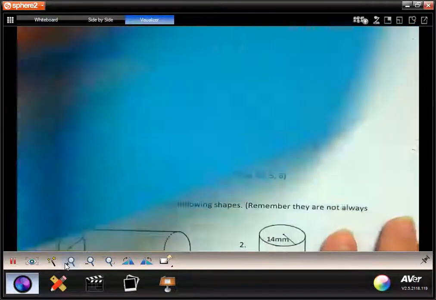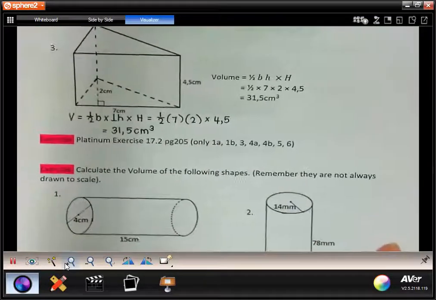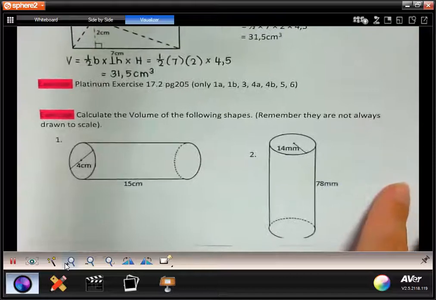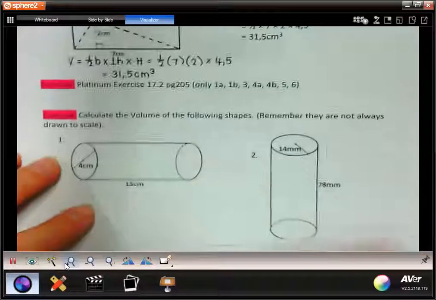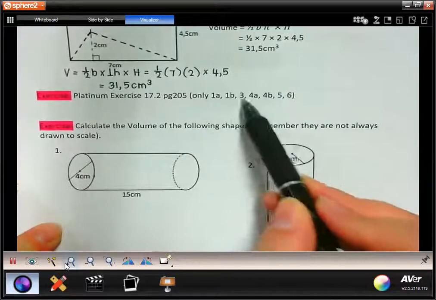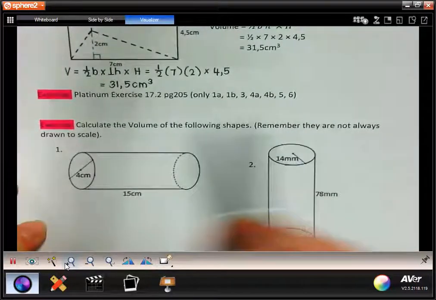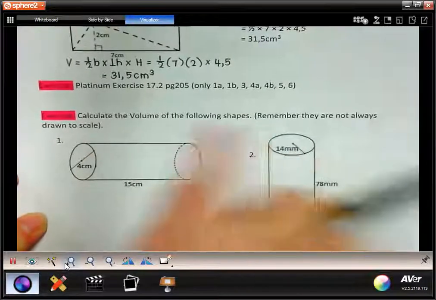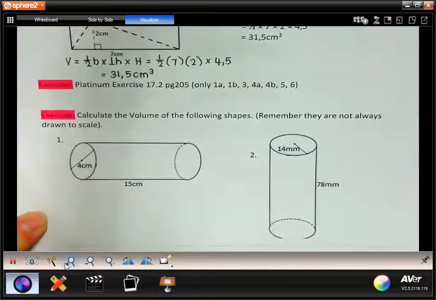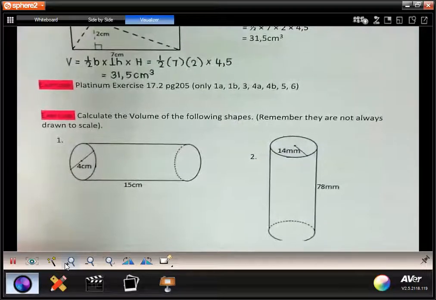Okay. Any questions on volume? Are you fine? All right, guys, that is your homework for tomorrow. An exercise from the Platinum textbook. You can see those numbers. And then you're going to find the volume of these two as well. Maybe do these two first because it is in the notes. And then you do the exercise after that, but it's up to you as long as it's all done.